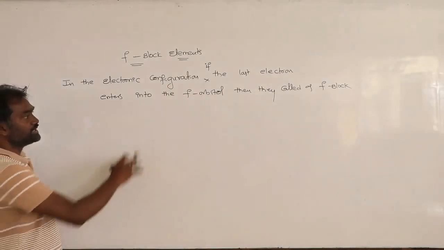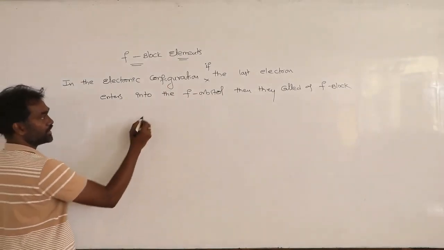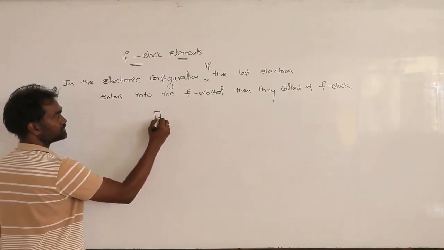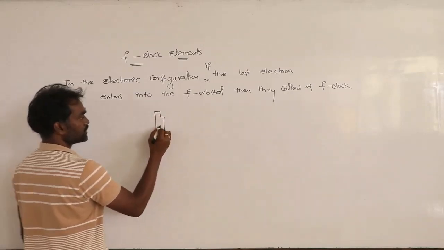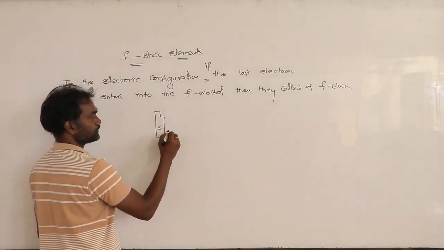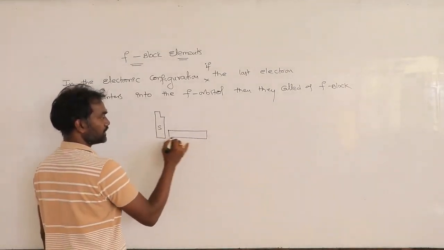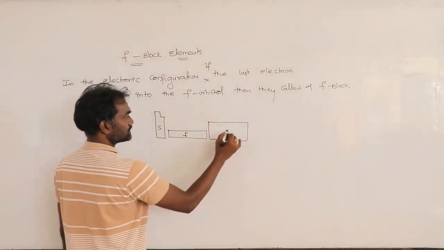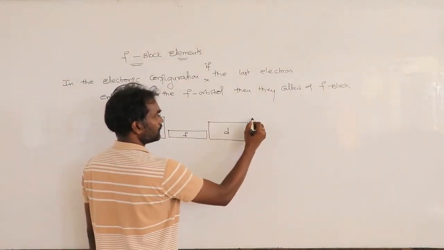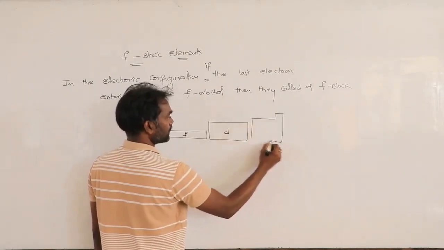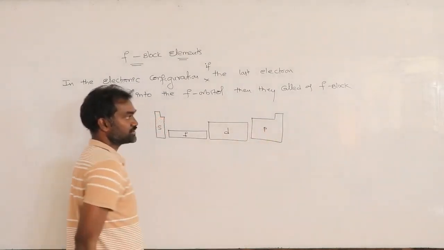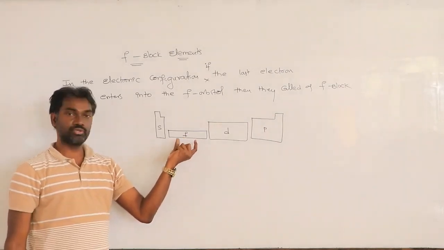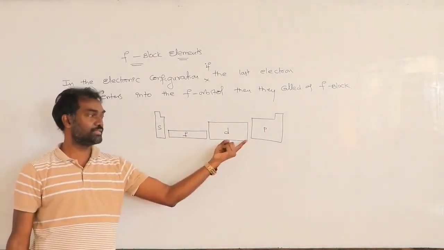So actually, where is the location in our periodic table? Suppose you see the periodic table, how it is. So this is S block elements. Next, it will come F block. Next, D block. Next, P block. So actually, this is the original periodic table. Suppose 14 F block elements you are writing, the periodic table length increases.